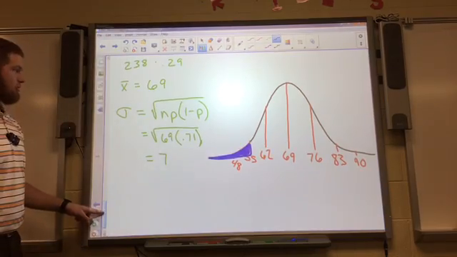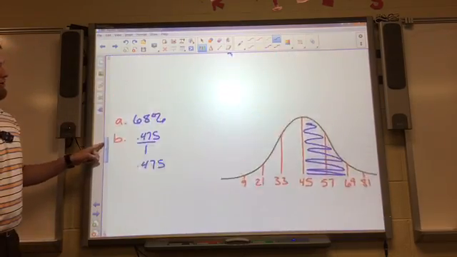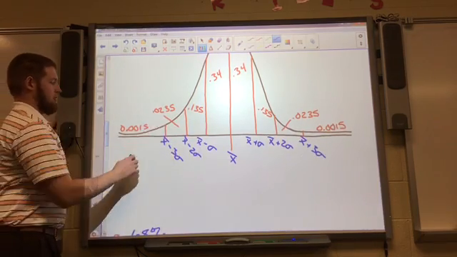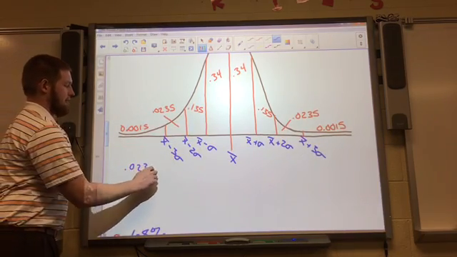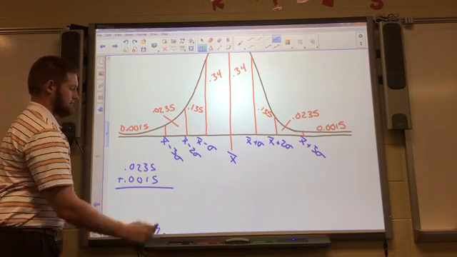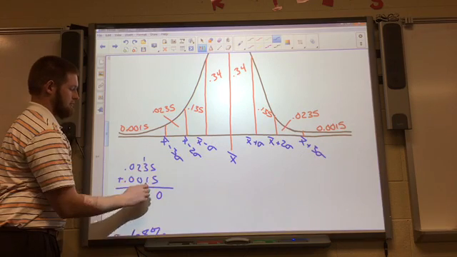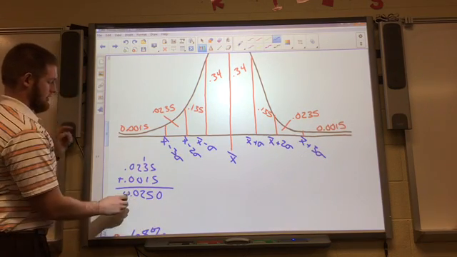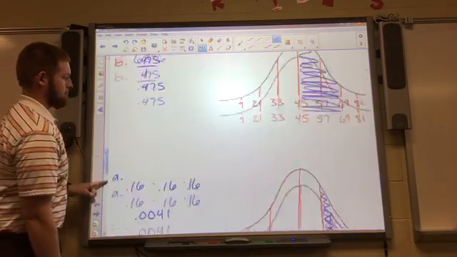Okay, go back to your normal curve. That's these two, right? So I have 0.0235 plus 0.0015, which is 0.025, right?